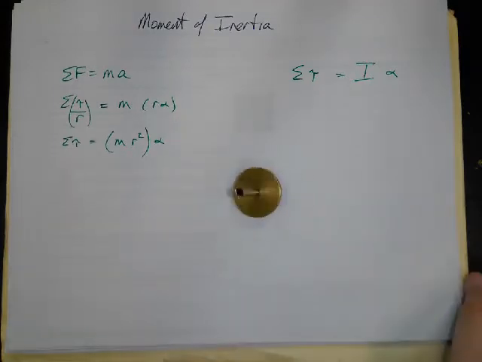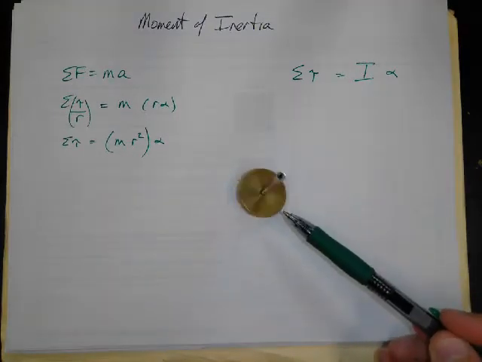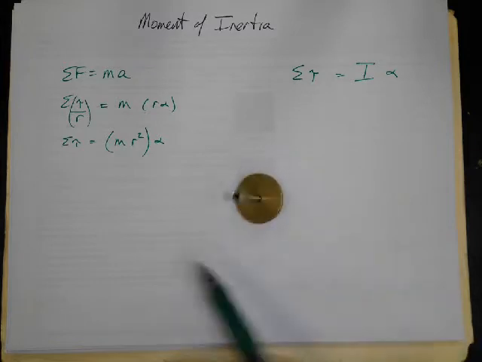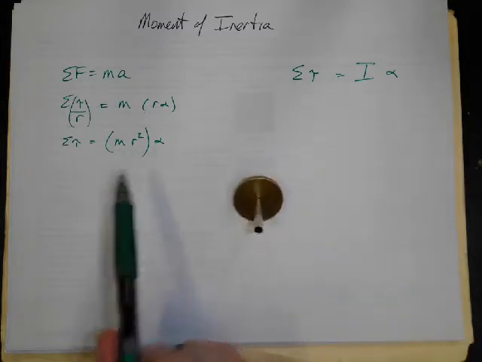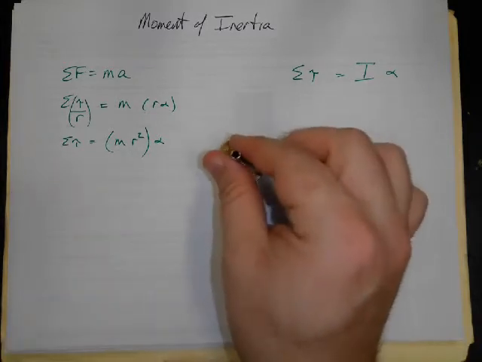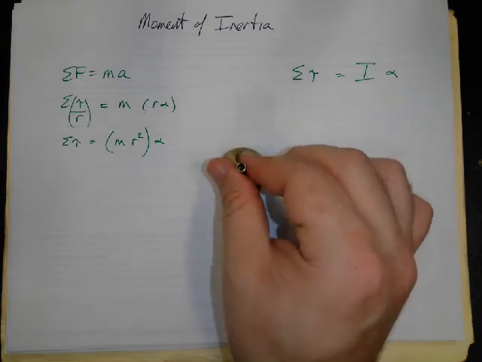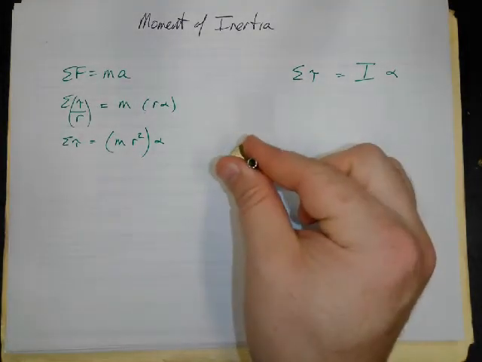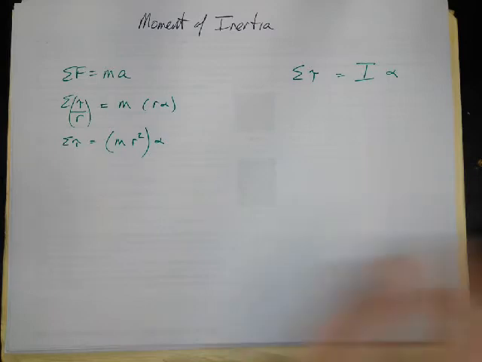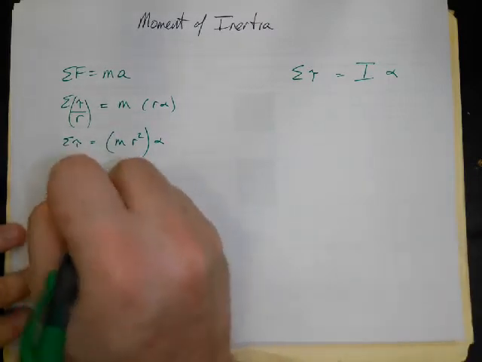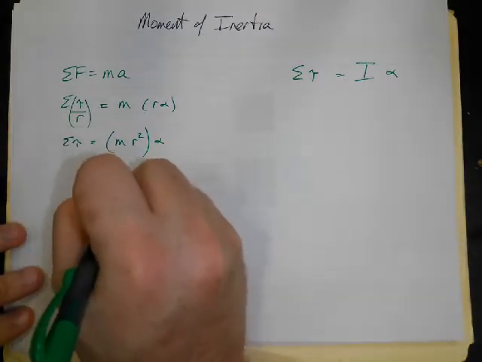The mass away from the axis is the bit that feels the torque and gains an acceleration. The stuff at the axis effectively stays put.